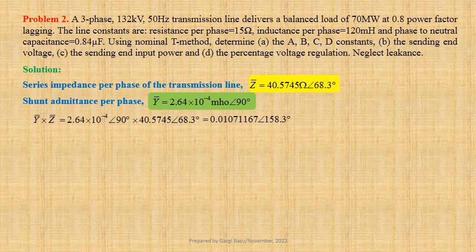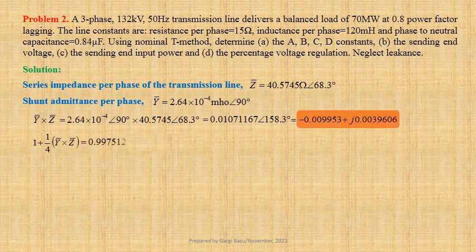This may be written in Cartesian form as minus 0.009953 plus j times 0.0039606. Now we shall calculate 1 plus 1/4 of YZ, that is equal to 0.997512 plus j times 0.0009902. This may be written in polar form as 0.997525 at an angle 0.05688 degree.